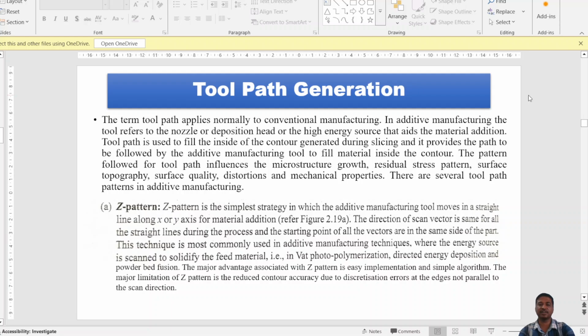The major advantage of the jet pattern is easy implementation and a simple algorithm. The major limitation is the reduced contour accuracy due to discretization errors at the edges not parallel to the scan direction.